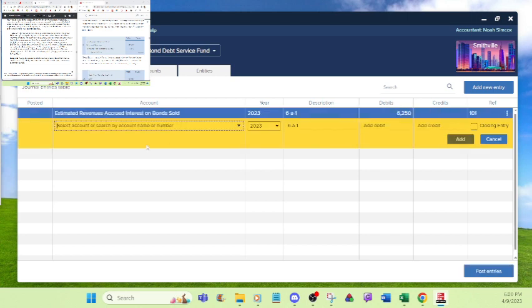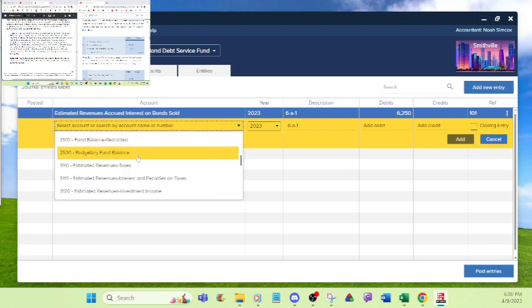Then estimated financing sources. We actually have two different estimated other financing sources.